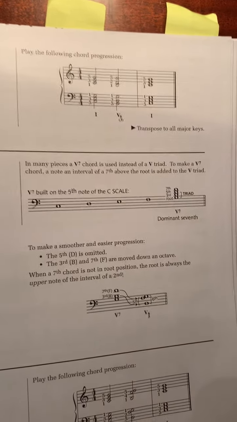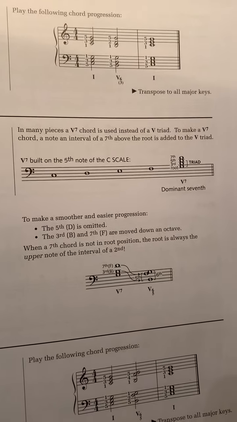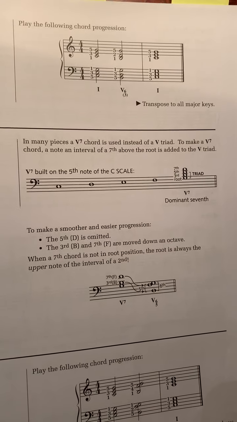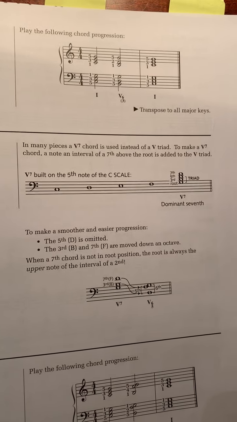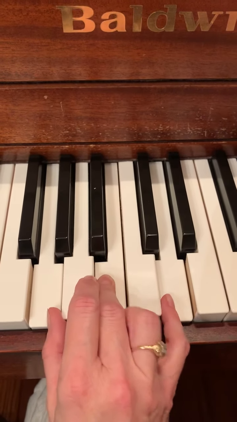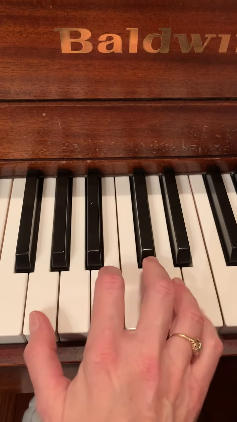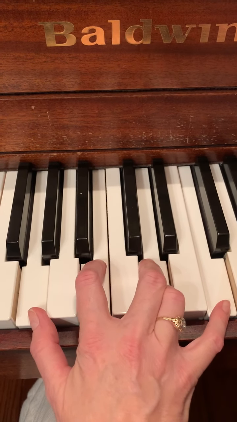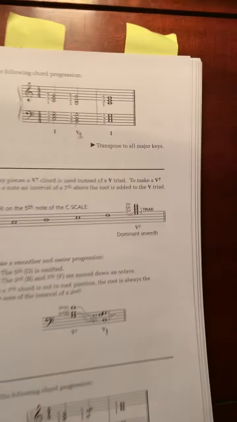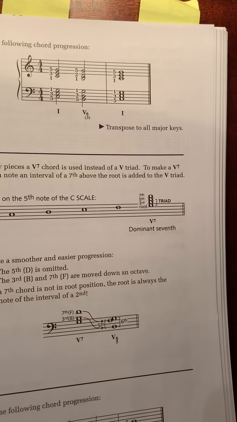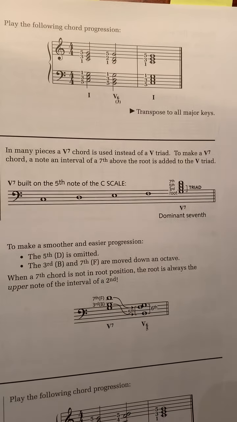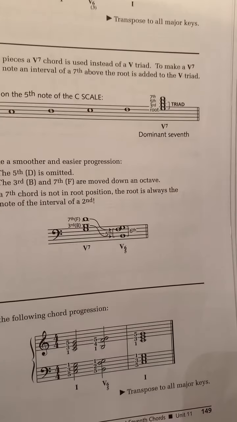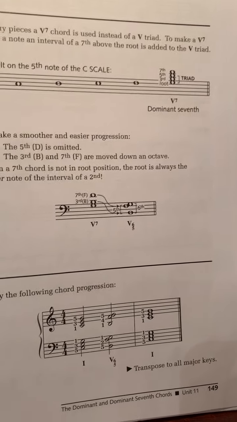Now the only other thing they add to this is the 7th. So if you ever see 5-7, dominant 7, if you haven't had it in music theory, it's the same chord. We have the root, 3rd, 5th, and we're just adding a 7th. So now we have what we call a G7, your dominant 7 within the key of C. And when they invert that, it looks like a mess.